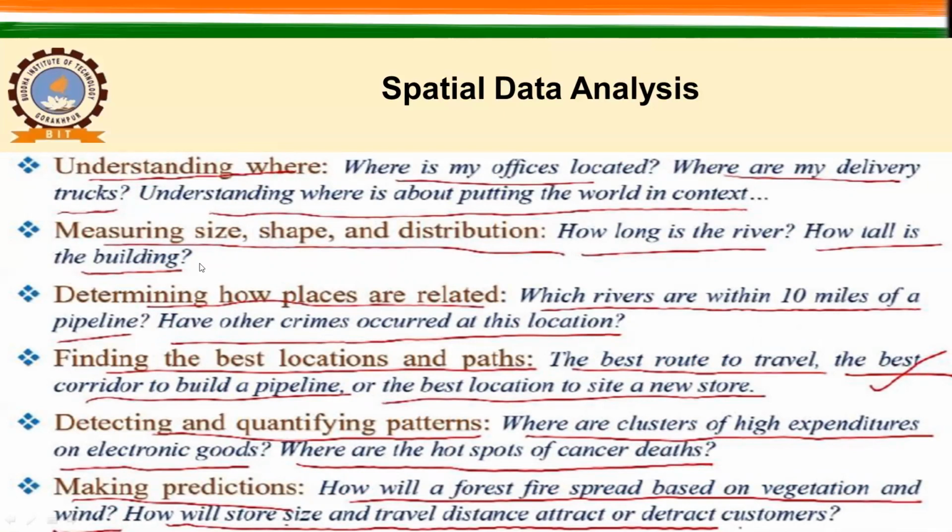You can simply write the name or maybe the latitude or longitude, and it will tell you where exactly it is with respect to the whole world. Where are my delivery trucks? You can just place a GPS locator in your truck, and then you can monitor all the time how they are moving, when they are stopping, and how much time they are taking to reach a particular position.